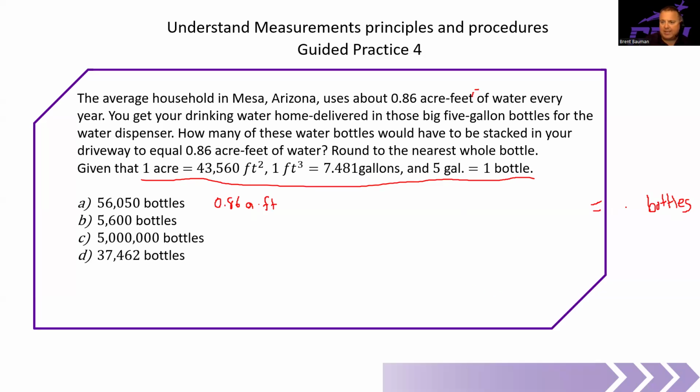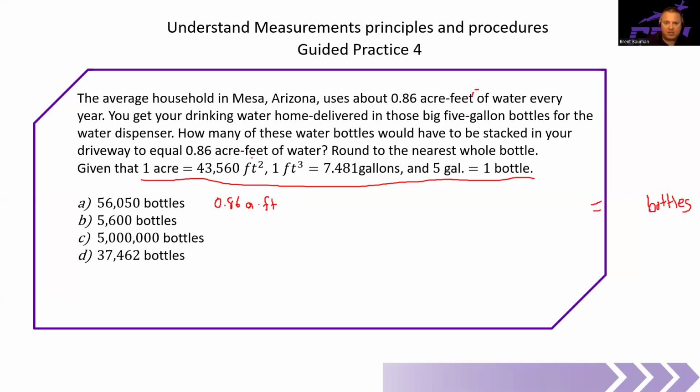If we're trying to get to bottles, that's our final units, and we're starting with acres and feet, these eventually need to reduce out, and that's where our givens are going to come into play. So we have 1 acre equals 43,560 feet squared. That would help us reduce an acre if we wanted to get the A out, but it would give us more feet.